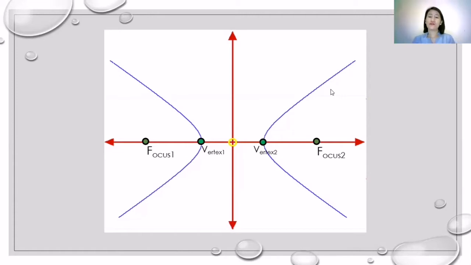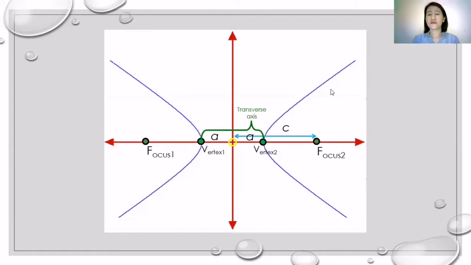We have two vertices, and these vertices will now be denoted by A. We take note that we call this the transverse axis. Again, the line connecting the two vertices is called the transverse axis. Remember, sa ellipse, we call them major axis, minor axis. Pagdating po sa hyperbola, we call them transverse axis.